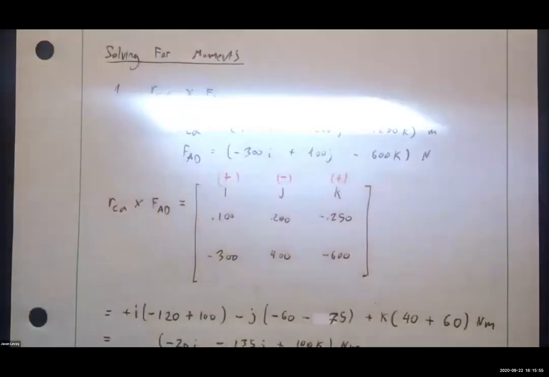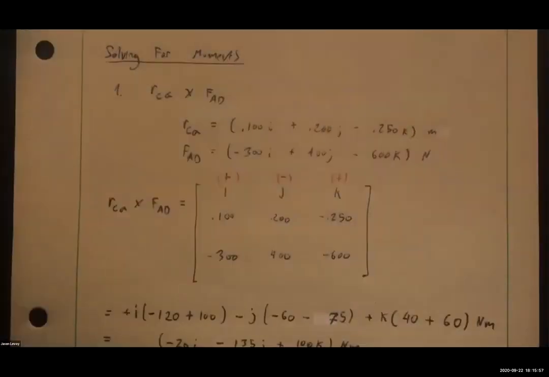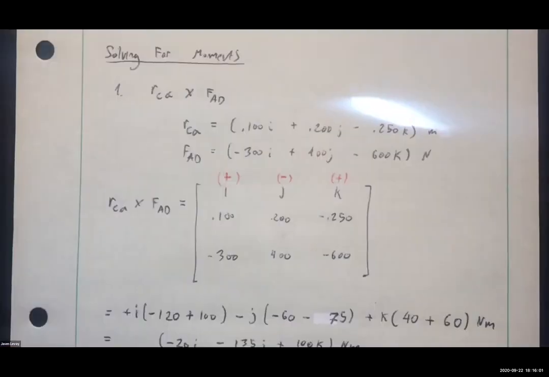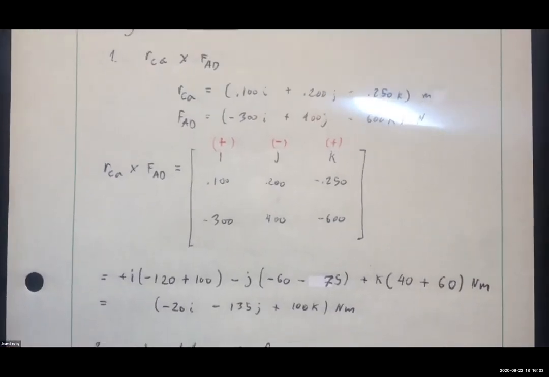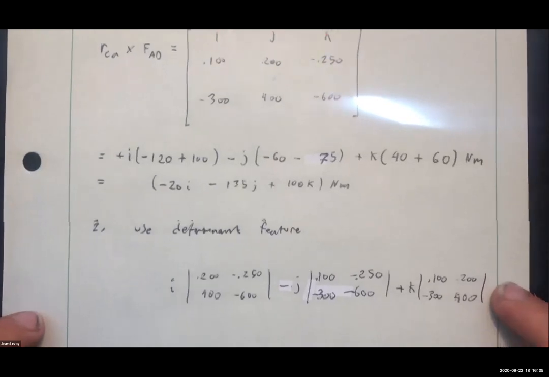Great. So this is solving for moments, in meters and newtons. Awesome. And so then I have my determinant set up there. Great. Okay, hang on a second. Let me just come down.